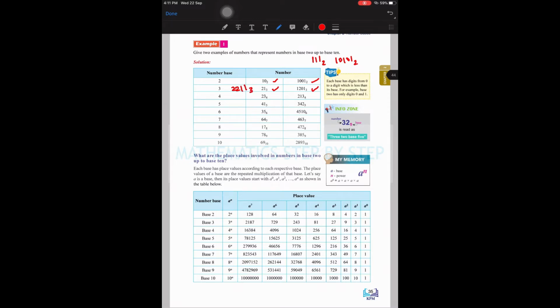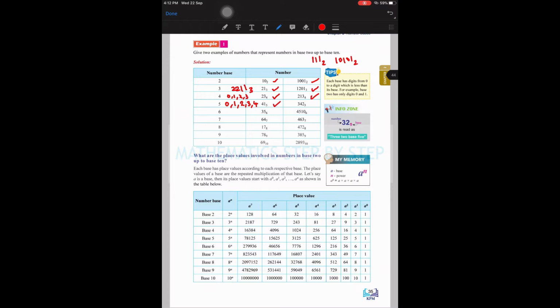As long as all the digits are made up of 0, 1 and 2 only for the case of base 3, okay? Then for the case of base 4, the digits involved are 0, 1, 2, 3, okay? So we can see that these are the 2 examples. For the case of base 5, the digits involved are 0, 1, 2, 3, 4, okay?